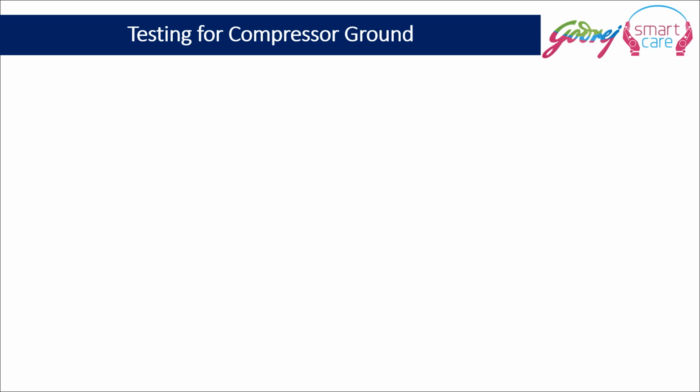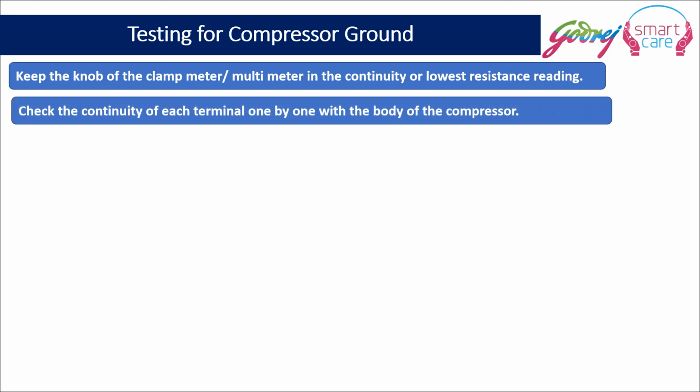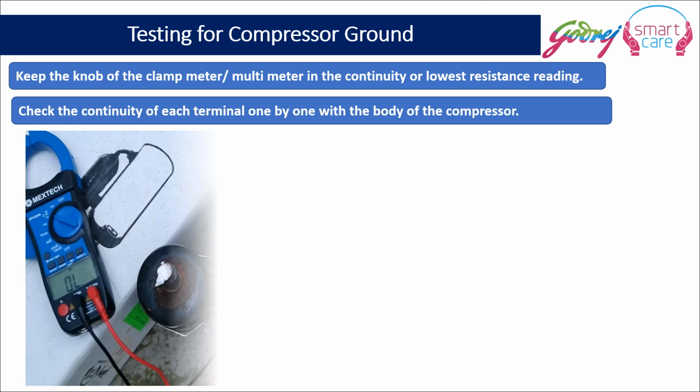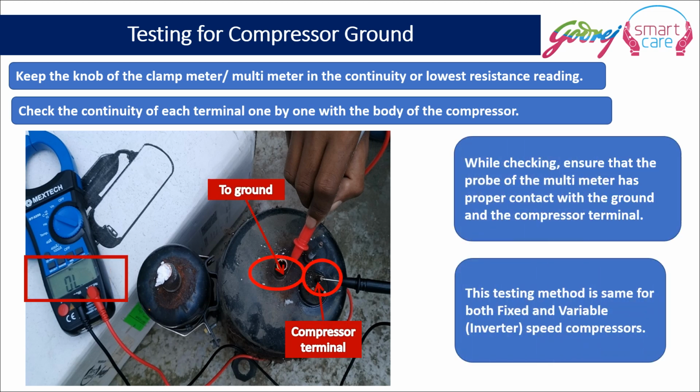Now we test the compressor for ground. We have to keep the clamp meter or multimeter in the continuity or lowest resistance reading. Check the continuity of each terminal one by one with the body of the compressor. While checking, we have to ensure that the probes of the multimeter have proper contact with the ground and the compressor's terminal.